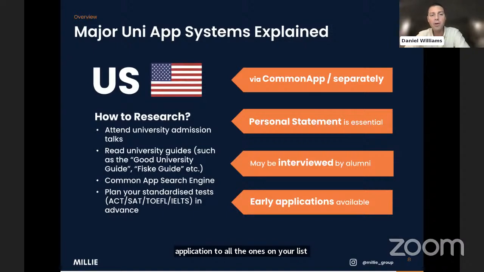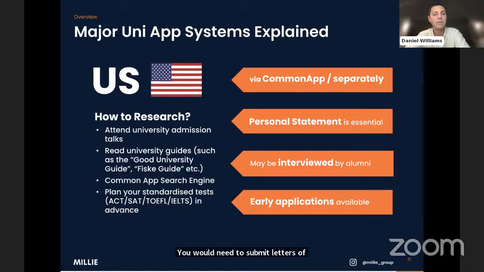Now, the components of a US application are also much more in-depth and much more complicated. Whereas in the UK, it's basically, do you meet these entry requirements and is your personal statement strong? In the US, there are many more other factors. For example, you would need to fill out an activities and awards profile. You would need to submit letters of recommendation.